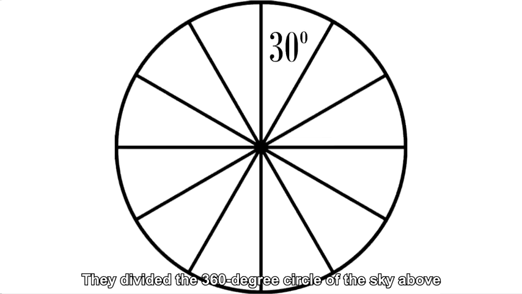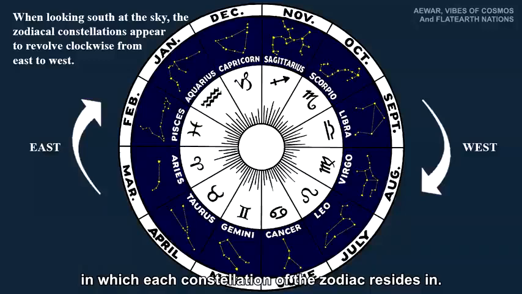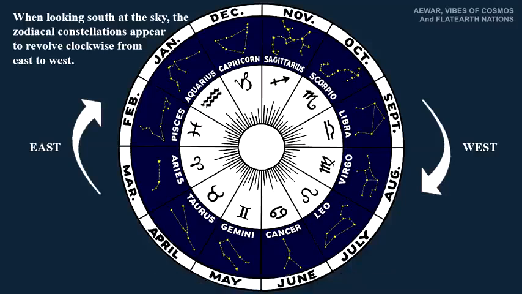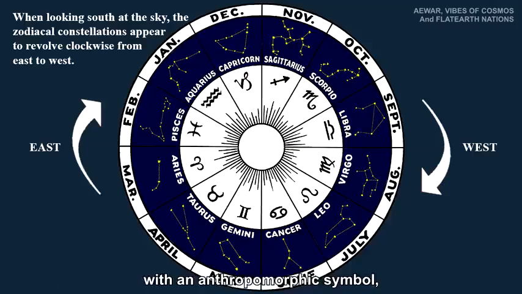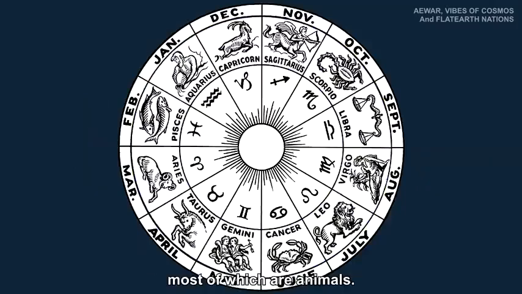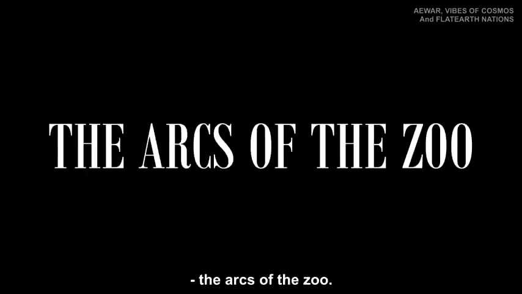They divided the 360-degree circle of the sky above into 12 divisional arcs of 30 degrees, in which each constellation of the zodiac resides in. They designated each constellation in each 30-degree arc with an anthropomorphic symbol, most of which are animals. Zodiac is an interesting word. Zodiac, the arcs of the zoo.